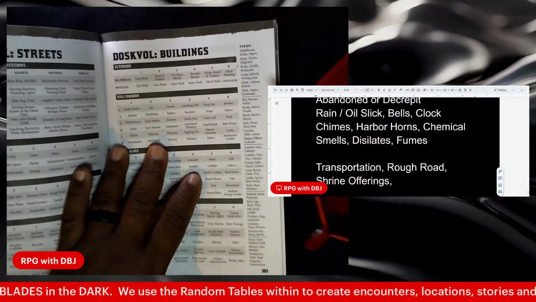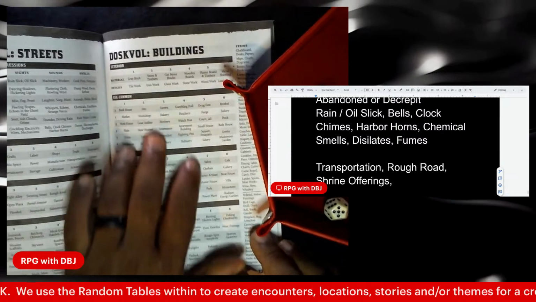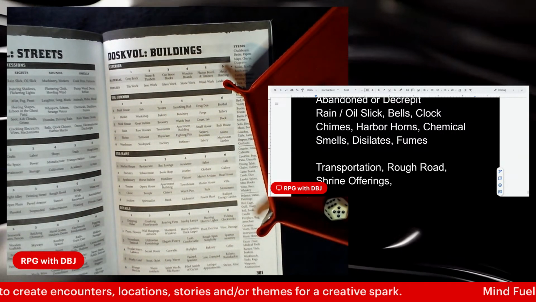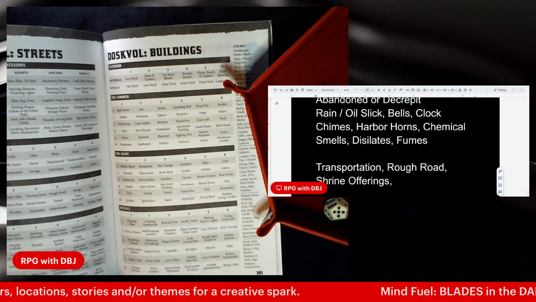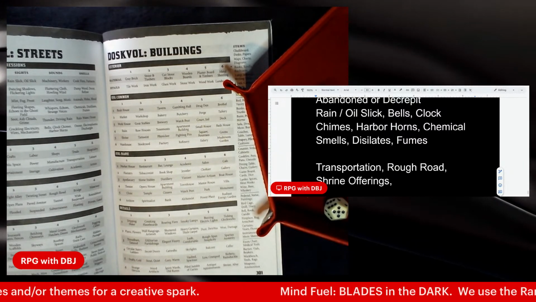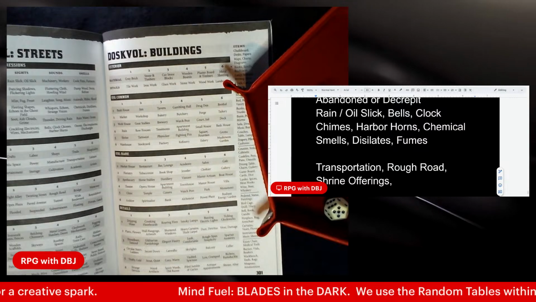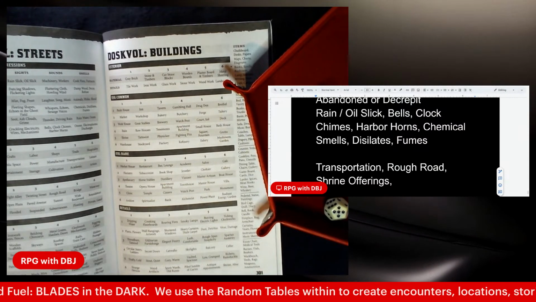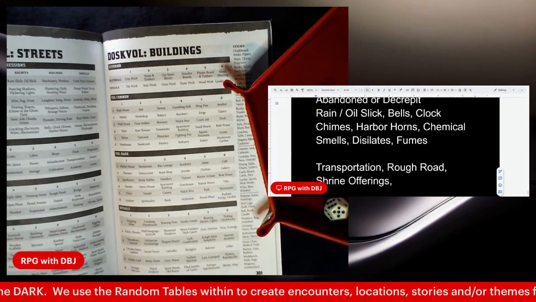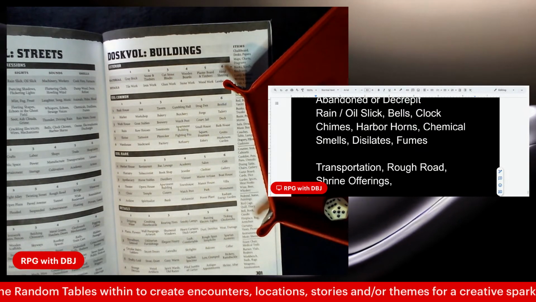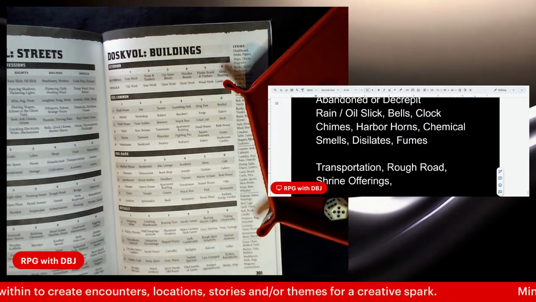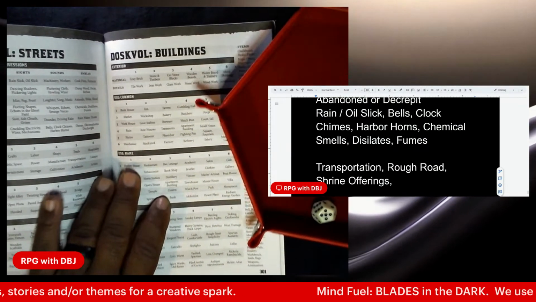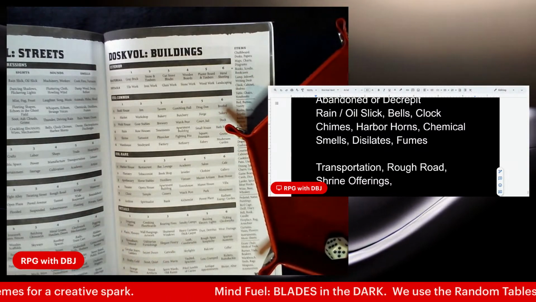Duskfall buildings. Now, forgive my pronunciation of Duskfall because it is also written down as the literal word Duskwall. So I'm presuming Duskfall is like a pseudo Nordic slash Russian-ish fake kind of wording in the game, and I think it's done, of course, on purpose.